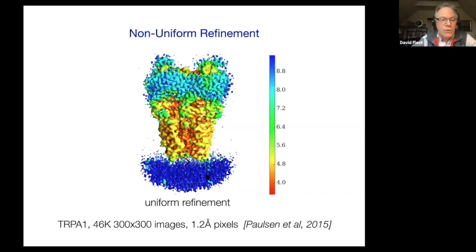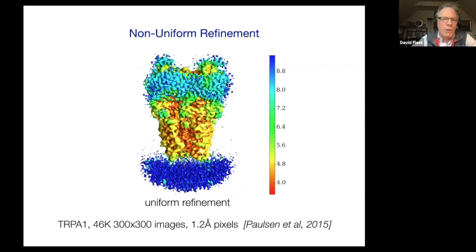And a Wiener filter is a shift invariant filter, so it denoises structure in a spatially invariant way. But what we have right here is the fact that some regions are resolved very poorly, and other regions here in the middle are actually resolved quite well, and other regions are again very poor at the top.